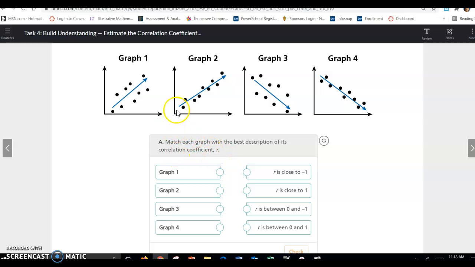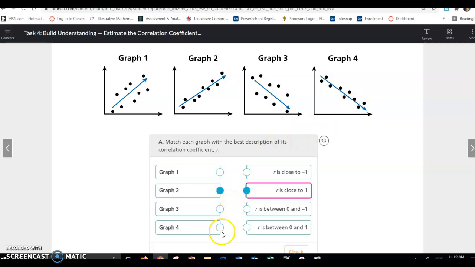All right, so this one has a strong correlation. So that means it's going to be closely related to +1. So graph 2 and R is close to 1. All right, graph 4 is close to the line, but it's negative. It's going downhill.